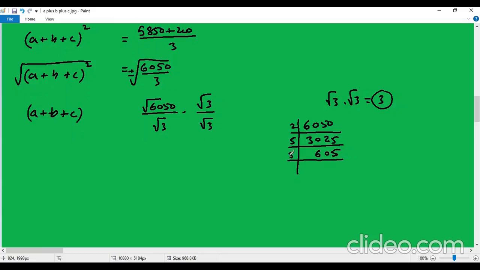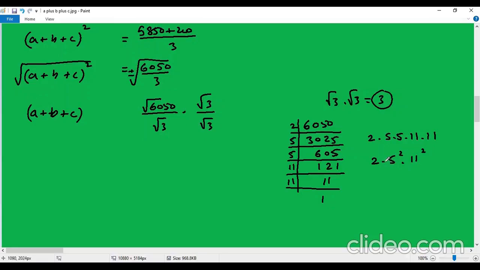Again by 5 is going to give us 121, which is a factor of 11. 11 times 11 is 121, and 11 times 1 is 11. So ultimately, as an answer, we are getting 2 times 5 times 5 times 11 times 11, or I can write it this way, 5 square and 11 square.